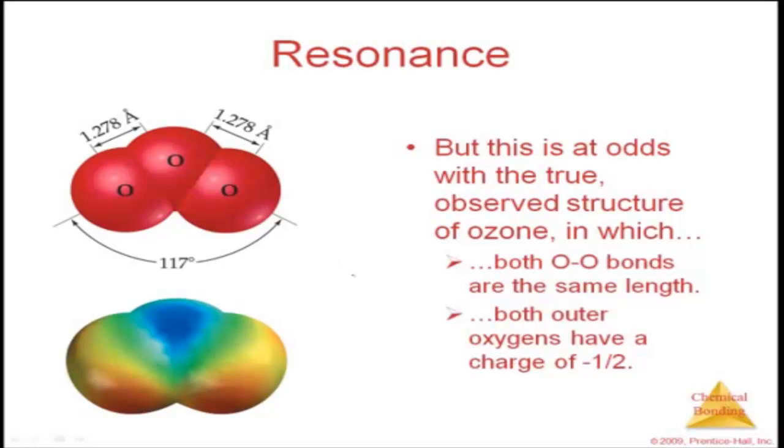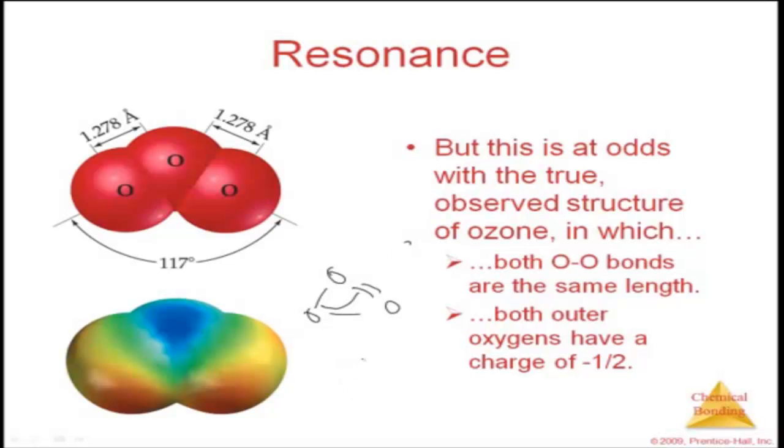So that says that this is not quite what it looks like. What it really looks like is some hybrid of this, where this second bond is moving. It's mobile. It's delocalized.